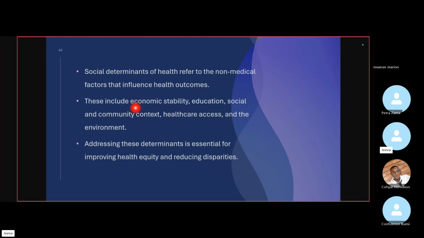One is the economic stability of the society. Then how educated the society is. Then what the social and community context is. Then healthcare access and the environment. Addressing these determinants is essential for improving health equity and reducing disparities.